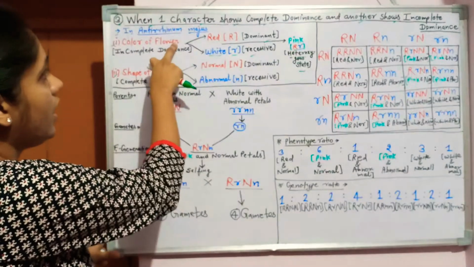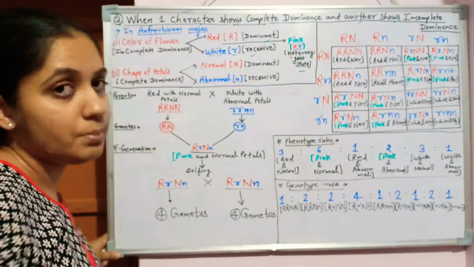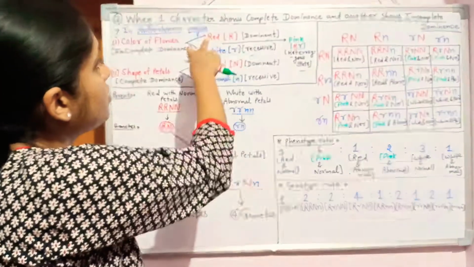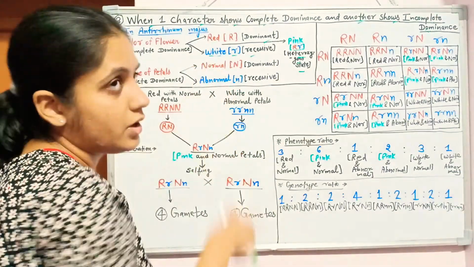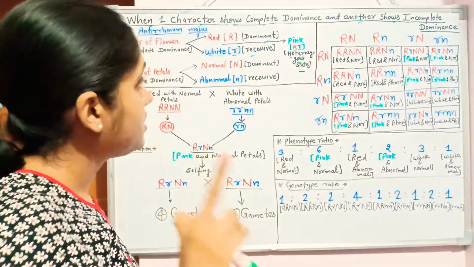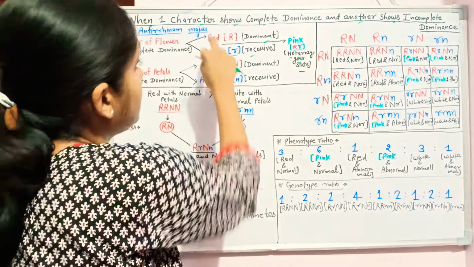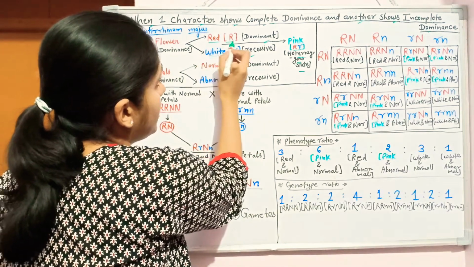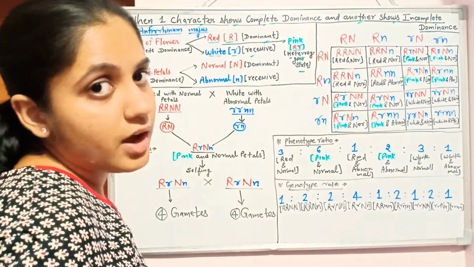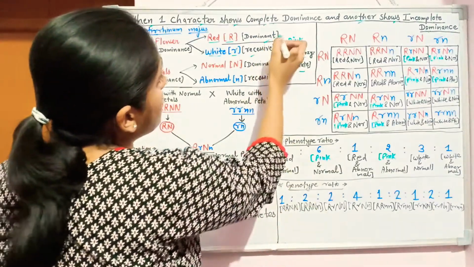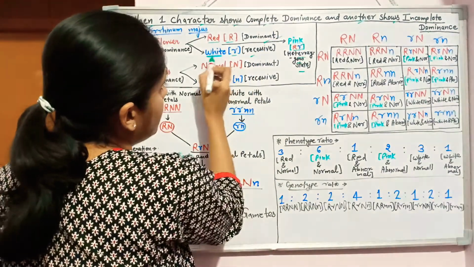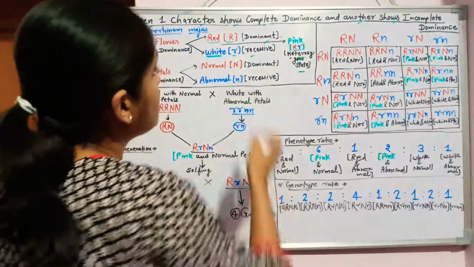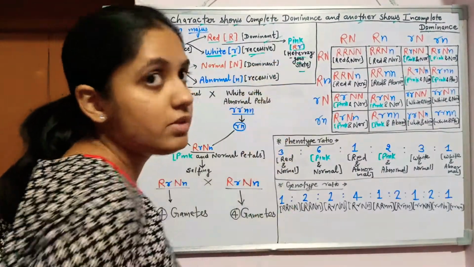First is the color of the flower, which shows incomplete dominance, in which two contrasting forms of a single gene are present. The red color flower allele, capital R, is dominant in nature, and the white color flower allele, small r, is recessive in nature.